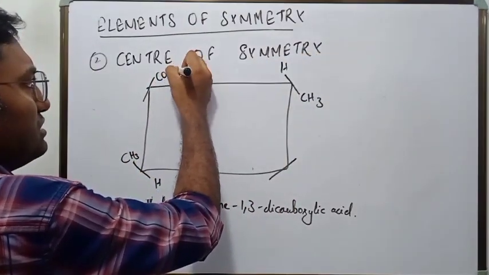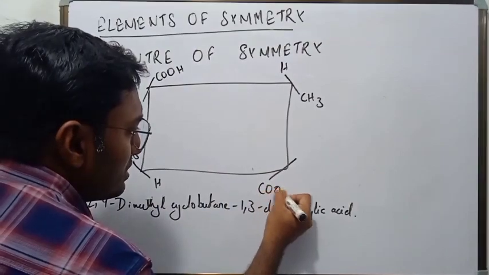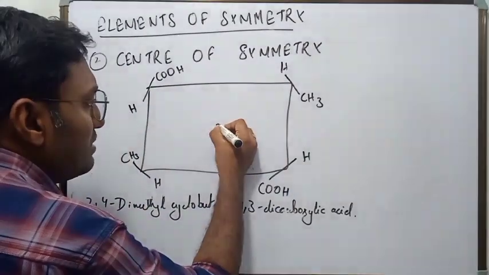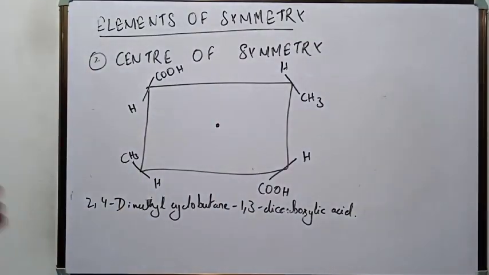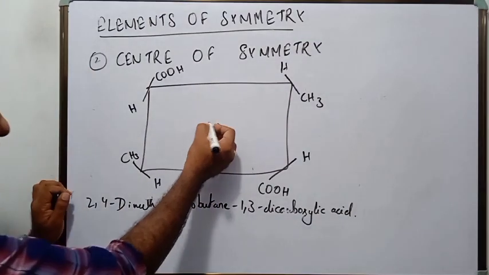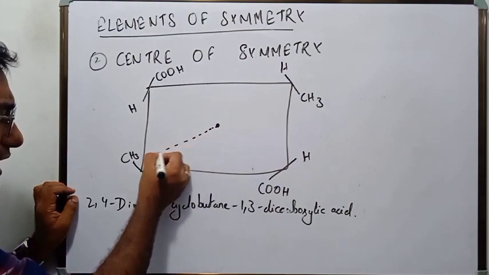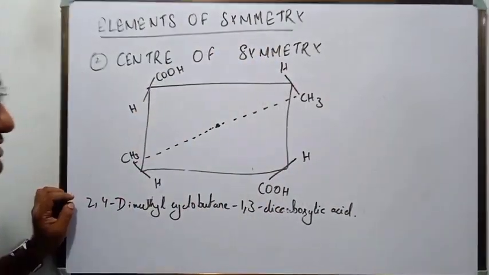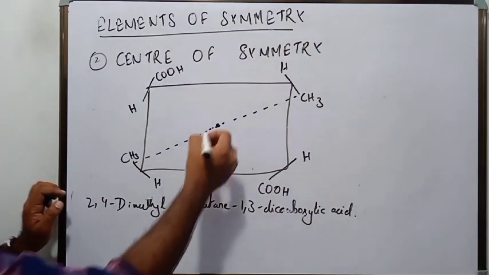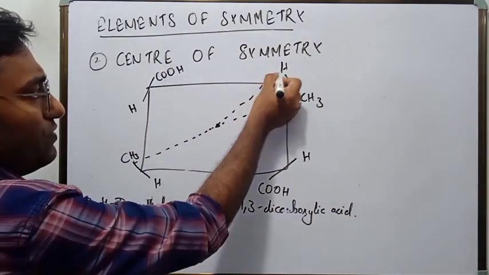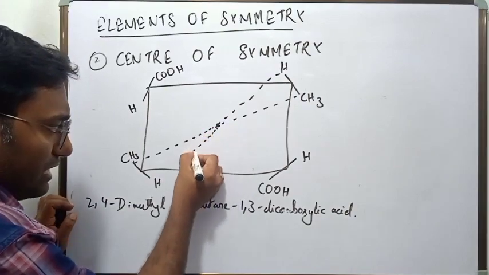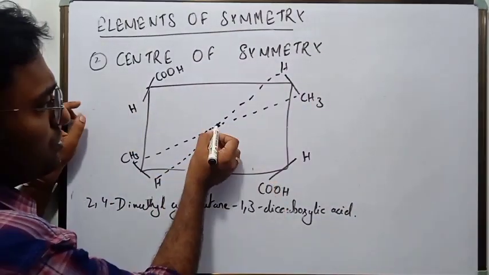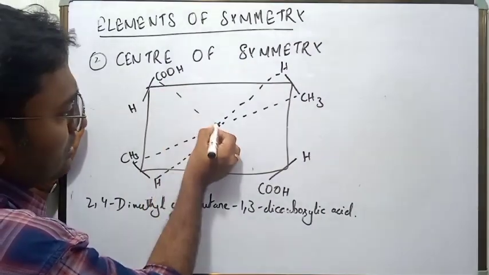Here you draw COOH, here COOH, and here you draw H. Now it is an imaginary point in the center of the molecule from which, if lines are drawn on opposite ends, it would meet similar groups at equal distances. You can see we are drawing lines from the center of the molecule to opposite ends and how it meets similar groups.